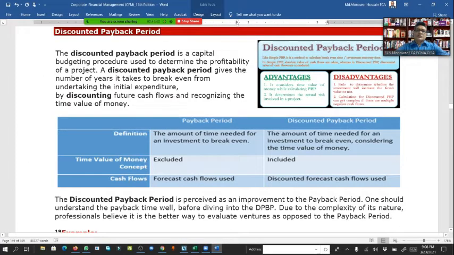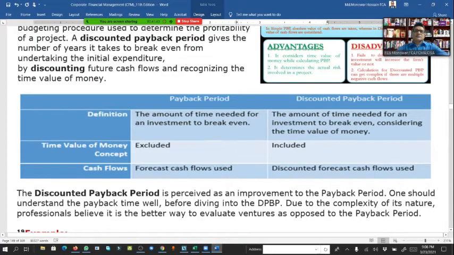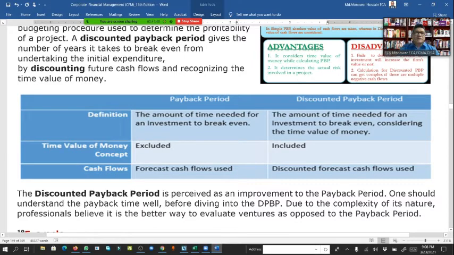So what is the difference between the payback period and the discounted payback period? By definition, the payback period is the amount of time needed for the investment to break even. But the discounted payback period is the amount of time needed for an investment to break even considering the time value of money.